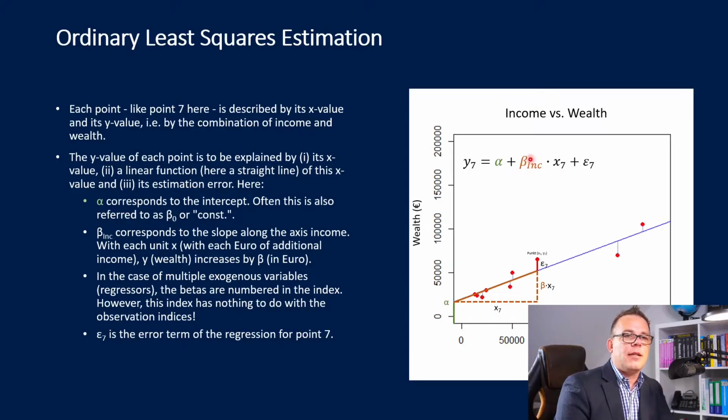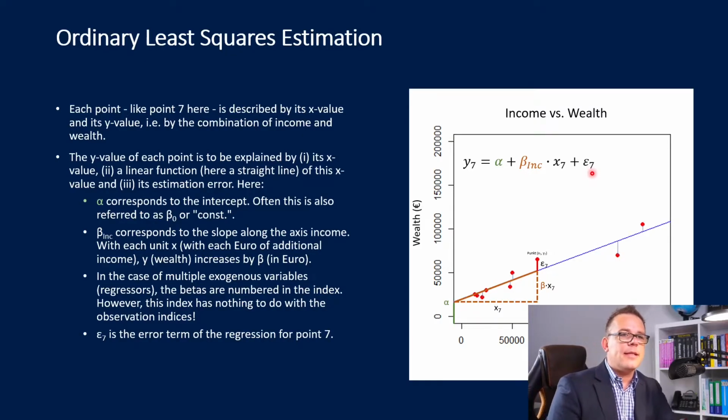So beta is the slope of that line, and accordingly we go up x7 times beta. Then we end up in that point on the line, the estimate for this x value. And then of course we add the residual or the error of this point. Accordingly we need this little epsilon here. It's the error of point 7.